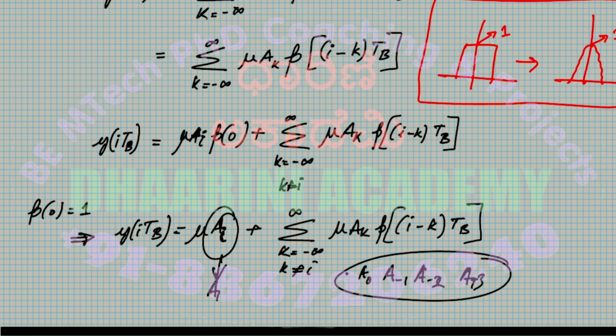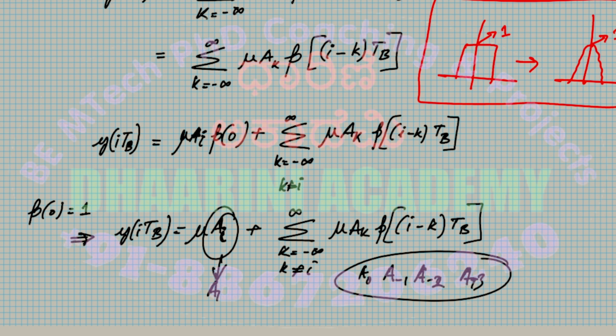You see, k always varies from minus infinity to plus infinity, correct? That means your current symbol is getting affected by all your past symbols, right? So what do you mean by that? That is the effect of other symbols on your current symbol. Is that point clear?